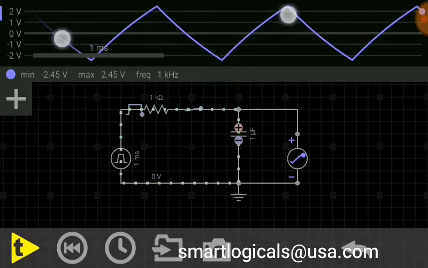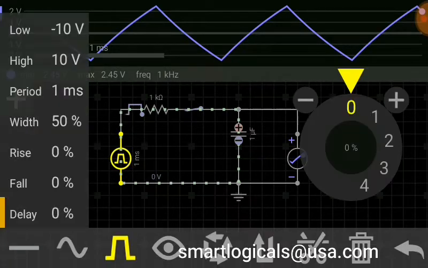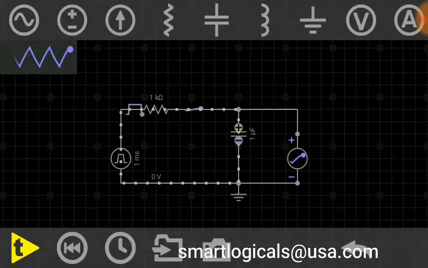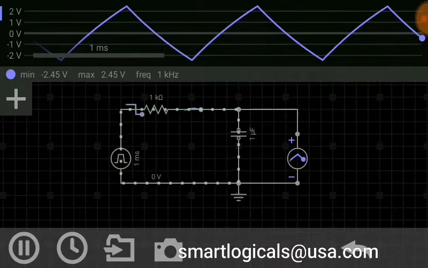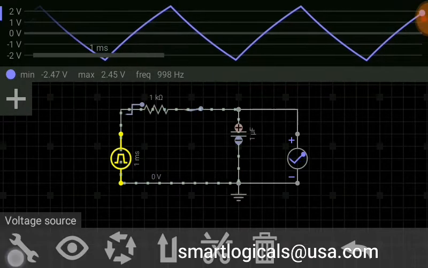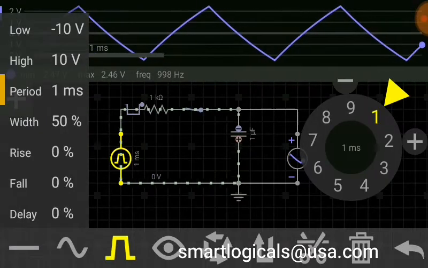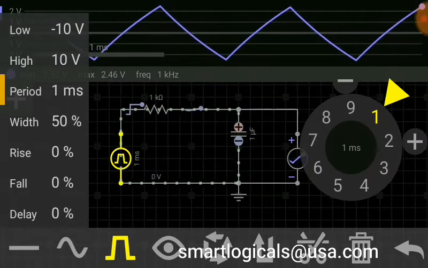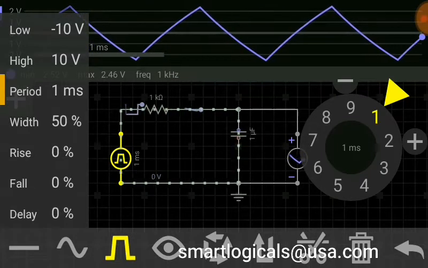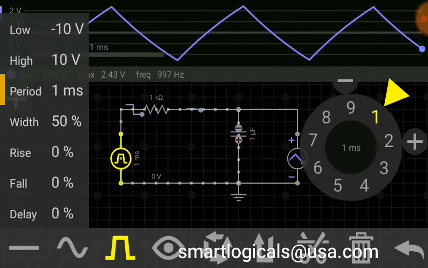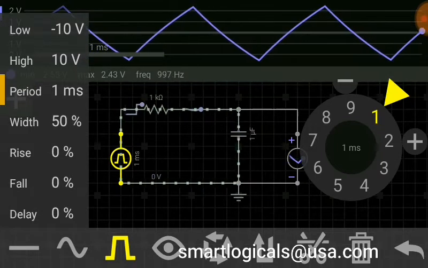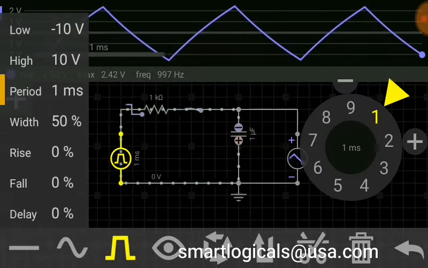This happens when the time period of the applied input is comparable to the time constant. Here the time constant is 1 millisecond and the applied time period is 1 millisecond.